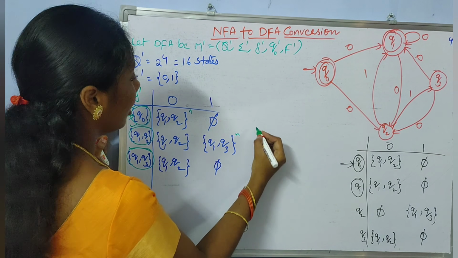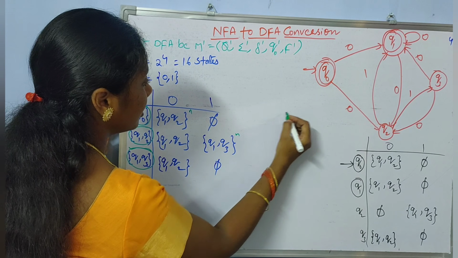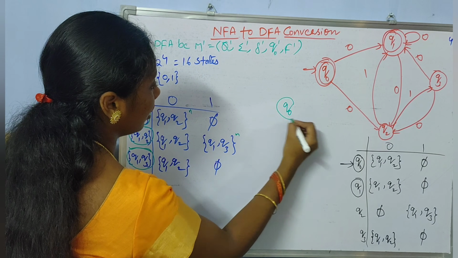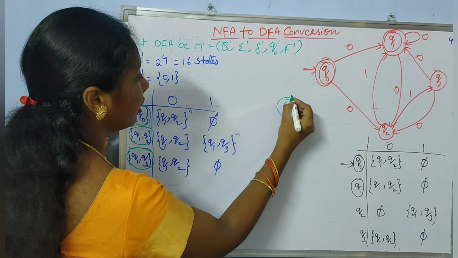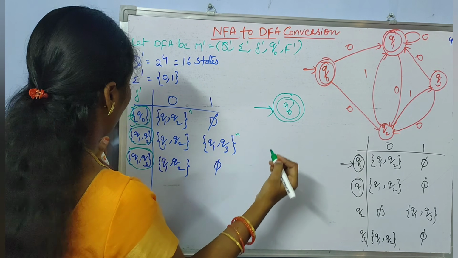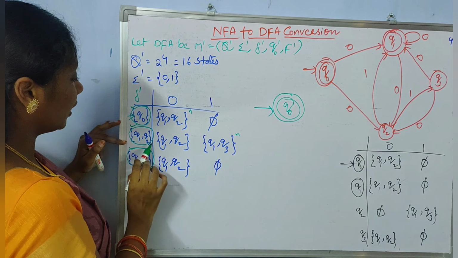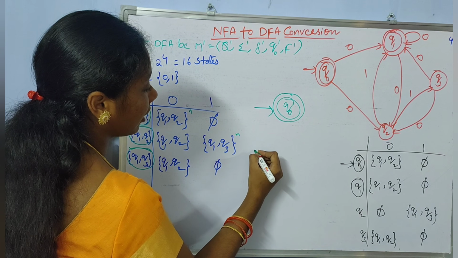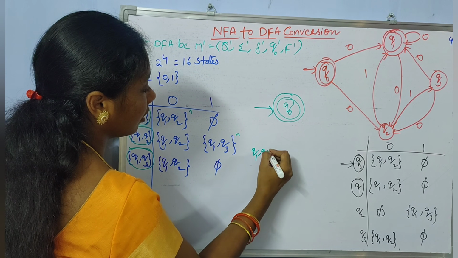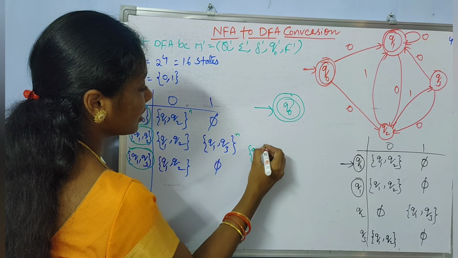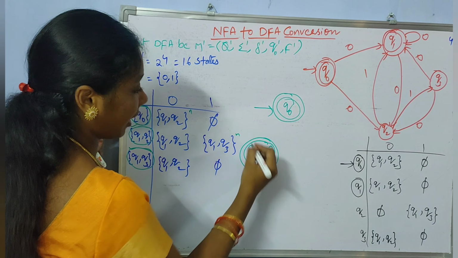Here I have started with the state Q0. This is the initial as well as final state. And after that I have the state Q1, Q2. This is also a final state.